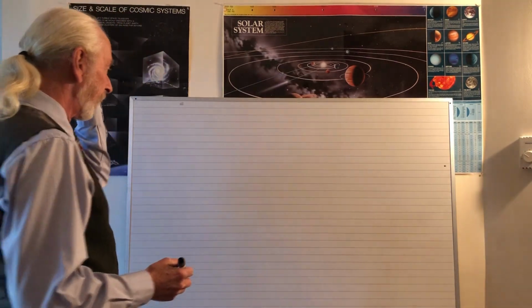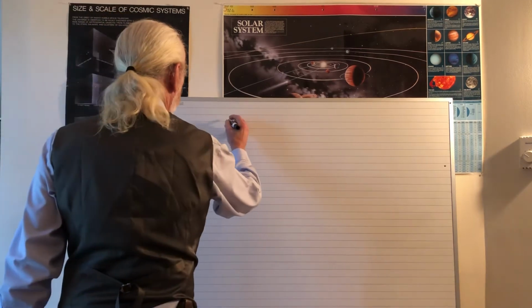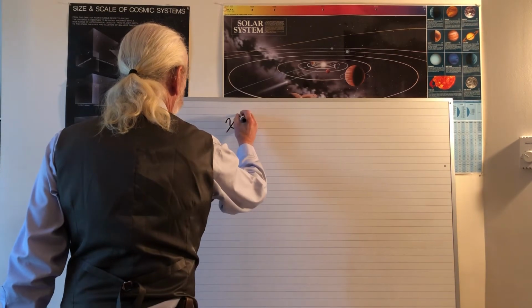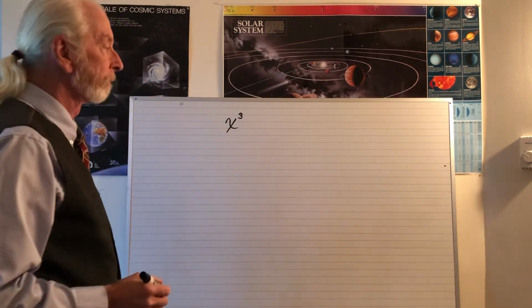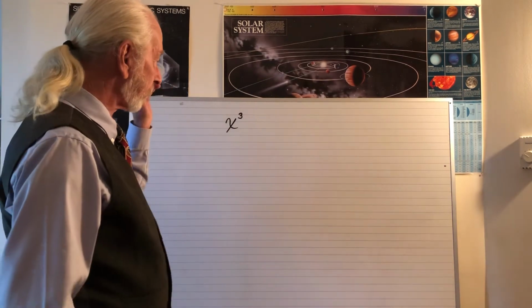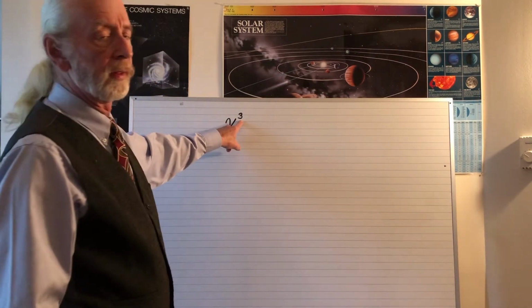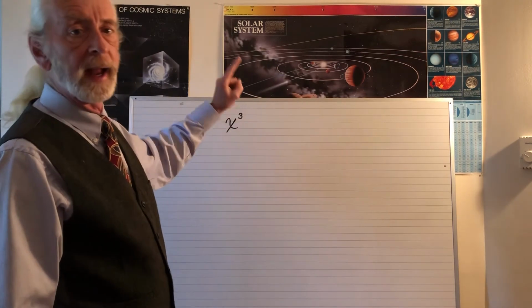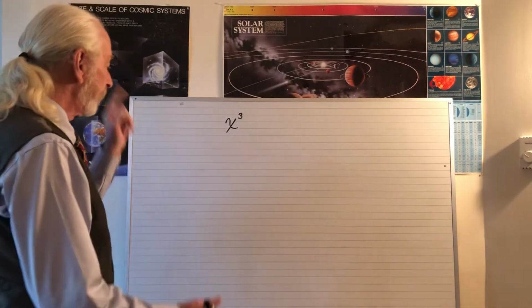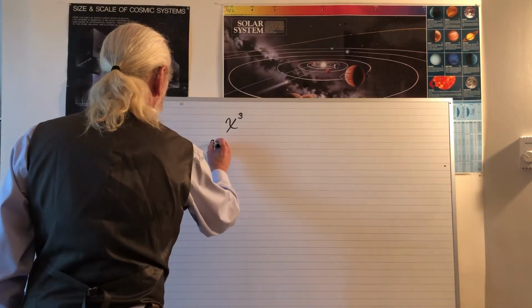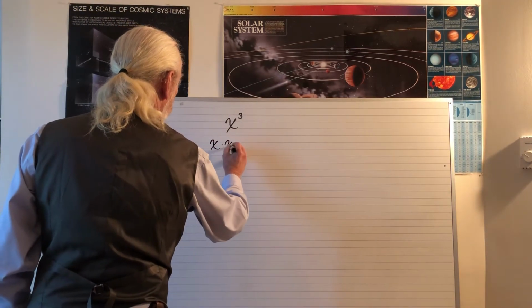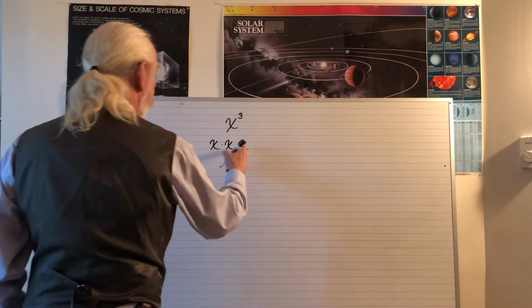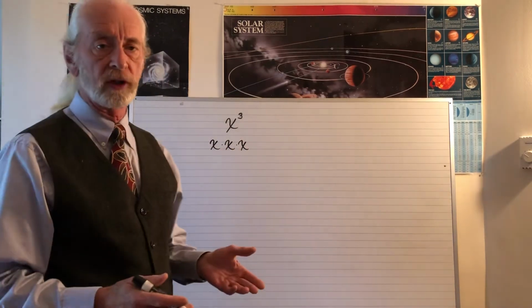So let's say that I have x to the third power. All right. Now, remember, that is an instruction. That exponent is an instruction. It's telling me to write down x 3 times and multiply them. That's what the instruction is.